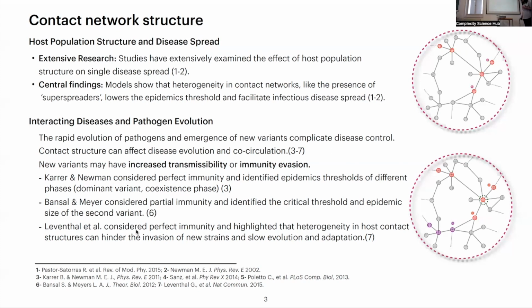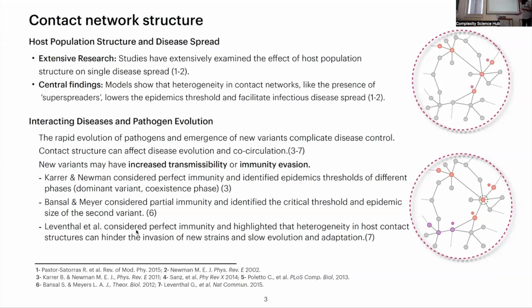These studies were mostly about the critical threshold, epidemic size, or the emergence of a new variant. But let's consider a situation where the new variant has already emerged and is co-circulating and interacting with another variant.